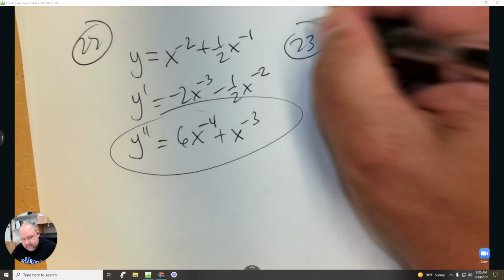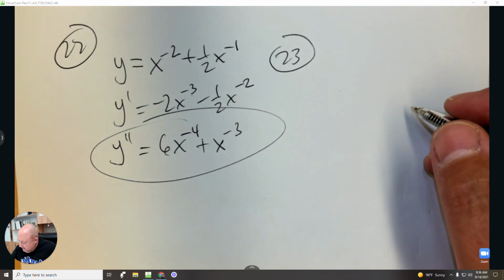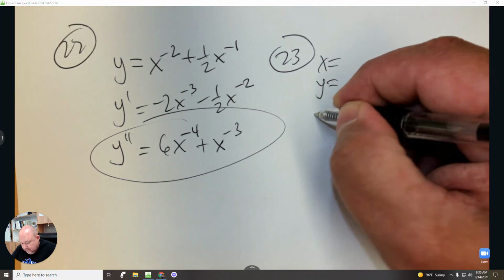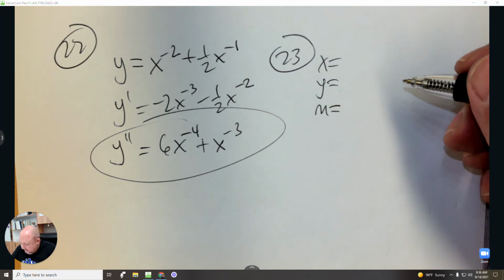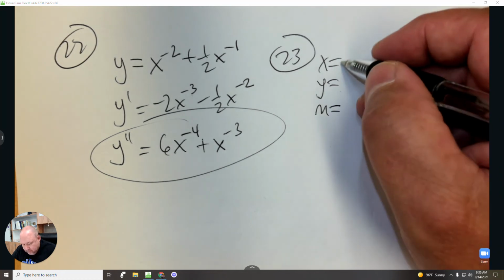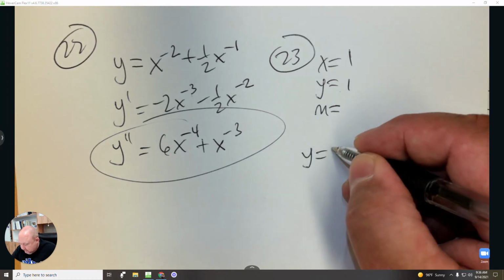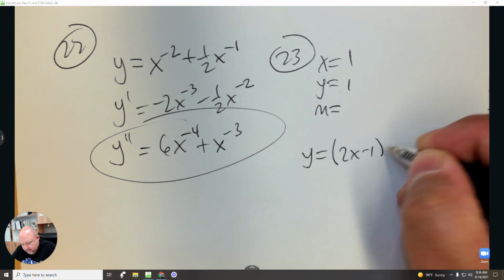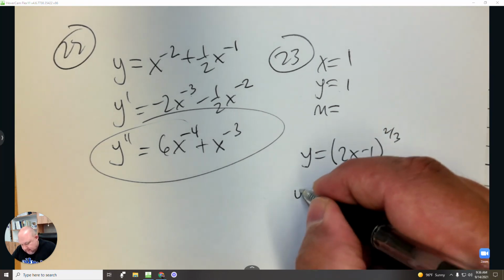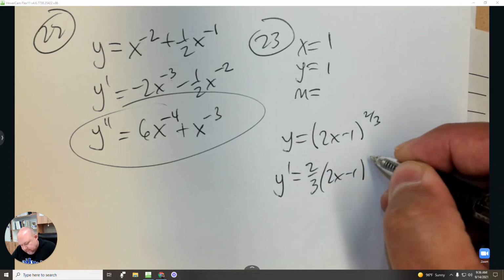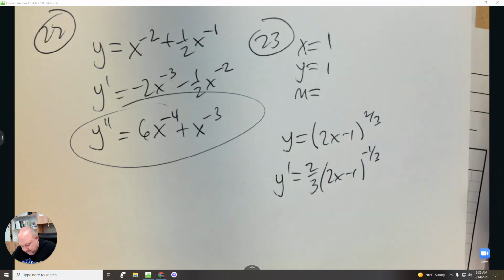23. In number 23, it says find an equation of the normal line. So we're still going to do this. We just need to know to do the perpendicular of that. x and y is given. We're going to make this calculus friendly. 2x subtract 1 to the 2/3. Take the derivative. Subtract 1 from the exponent.